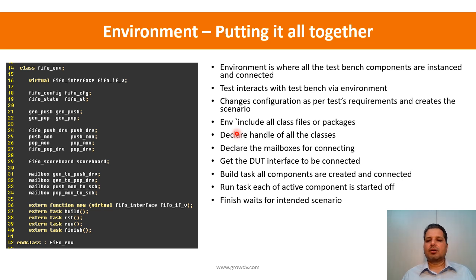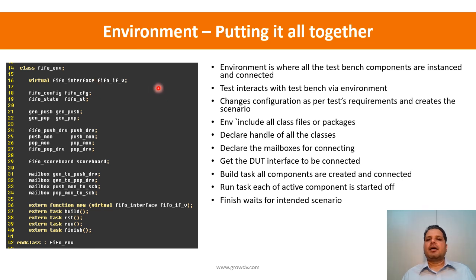So far the only part that is missed is where we were instantiating the objects for these classes. That is a part that we had not looked at. So now we will look at that part. Typically there is an environment, and the environment is also an active component, or active object, which will contain a thread.